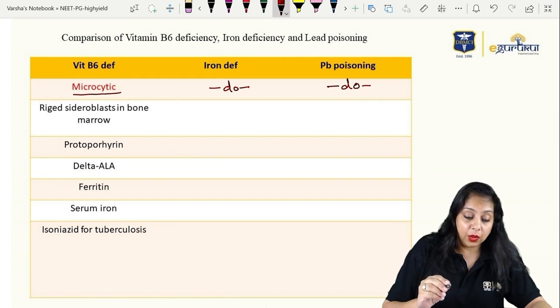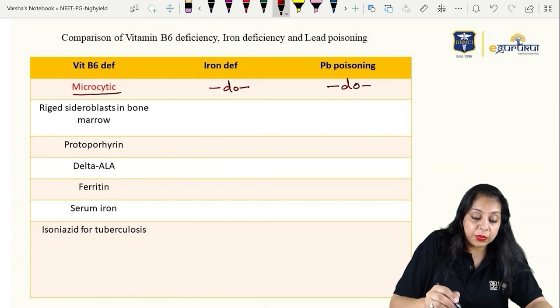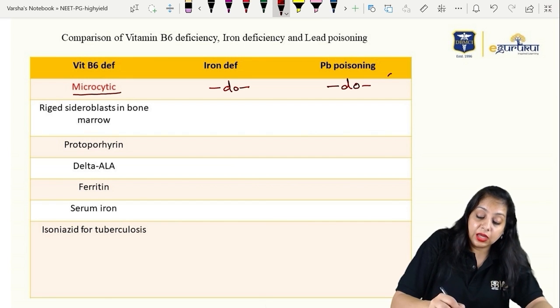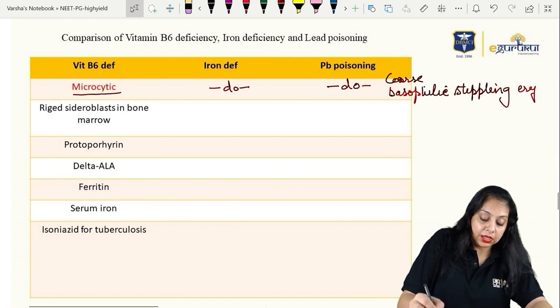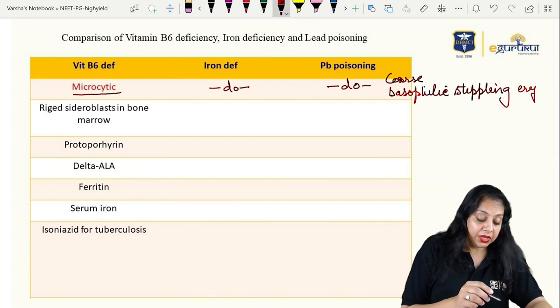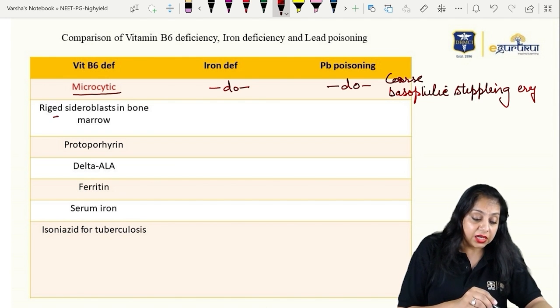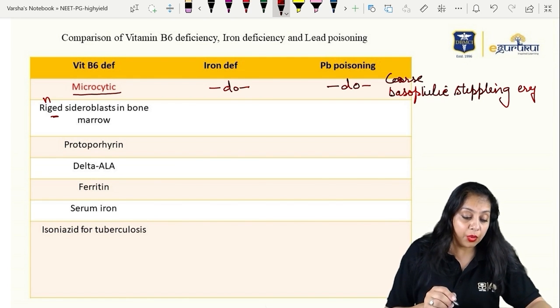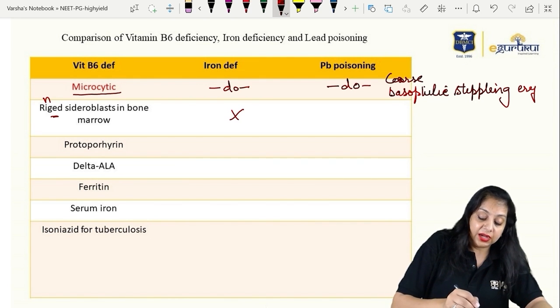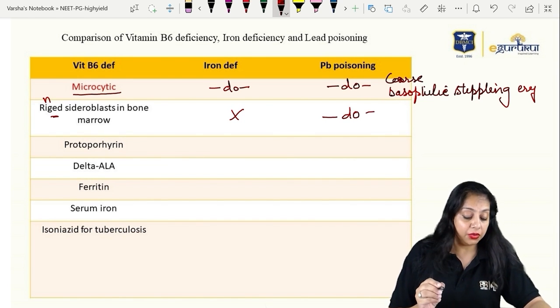In lead poisoning, however, what we see is coarse basophilic stippling in erythrocytes. In vitamin B6 deficiency, you see ringed sideroblasts in the bone marrow, which you don't see in iron deficiency, but you do see in lead poisoning. Still we are on the same page.